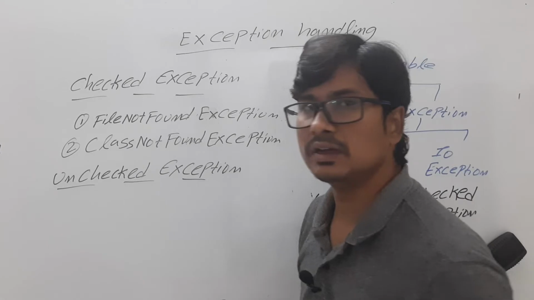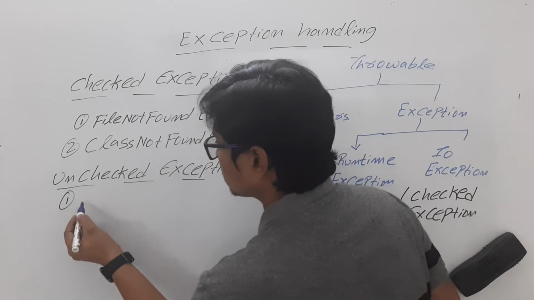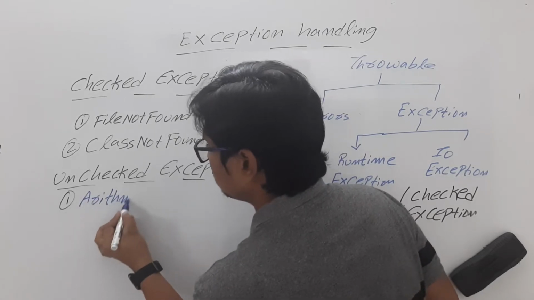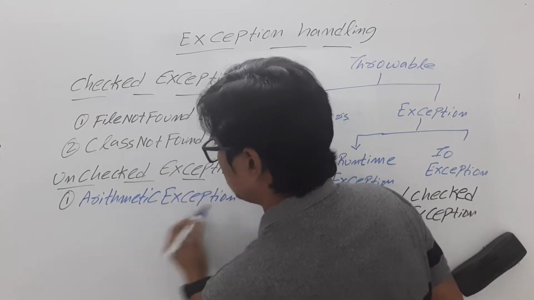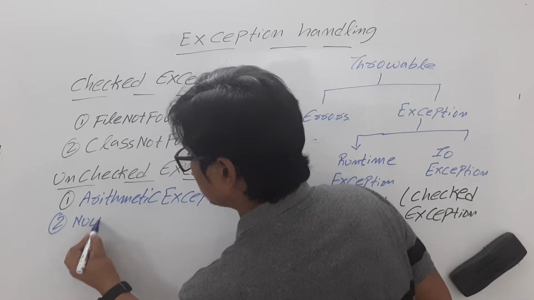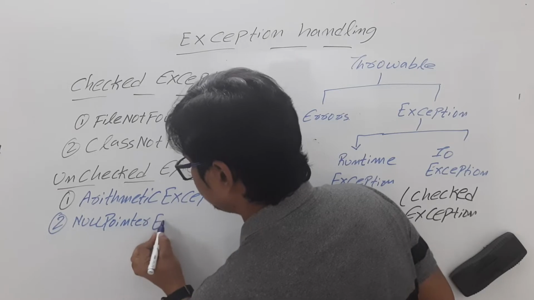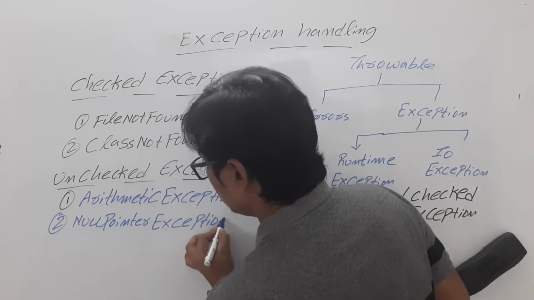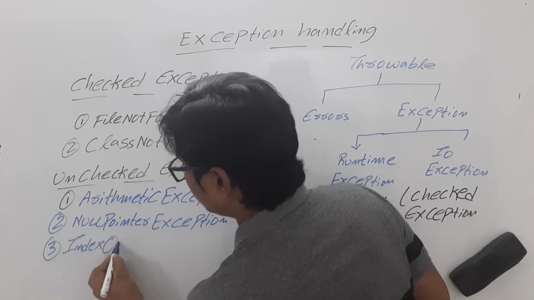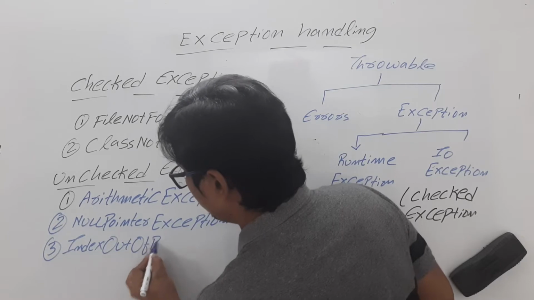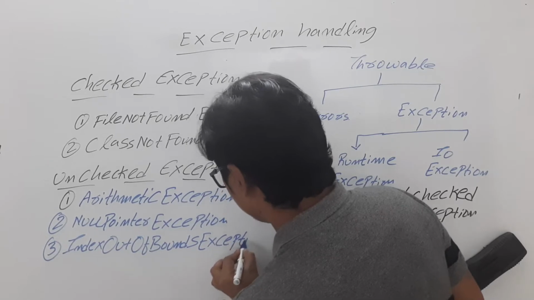The examples for the unchecked exceptions are: one is ArithmeticException, a NullPointerException, and the third one is IndexOutOfBoundsException. Okay, and remember one important point.